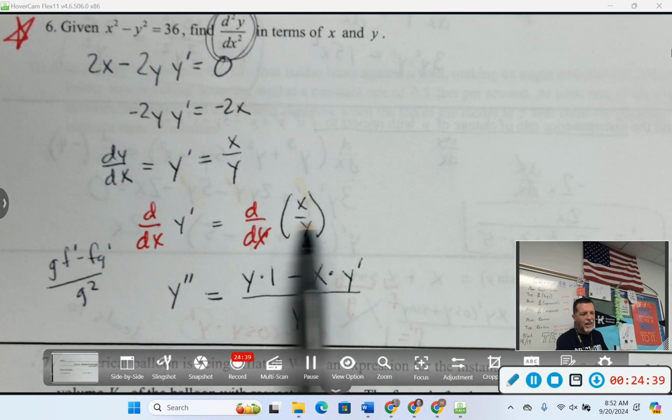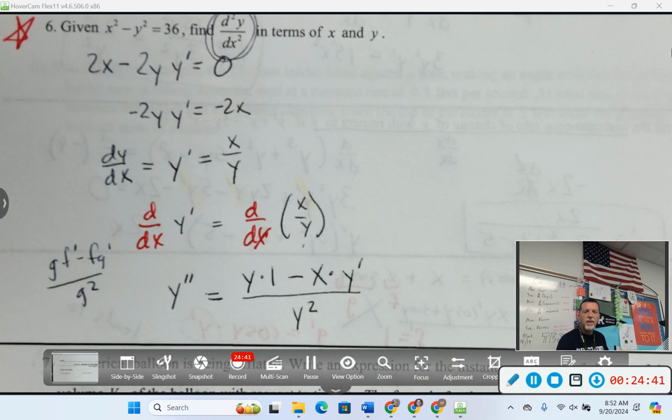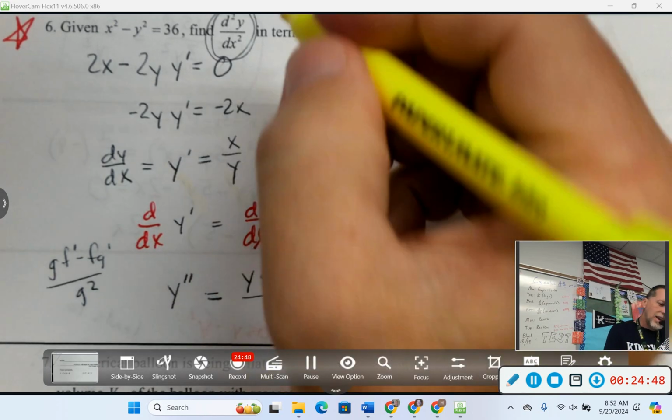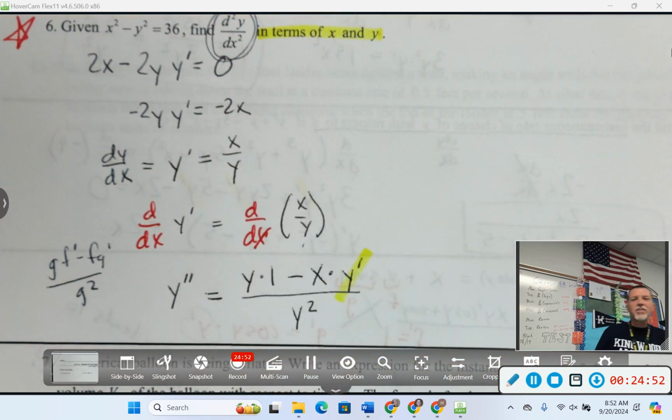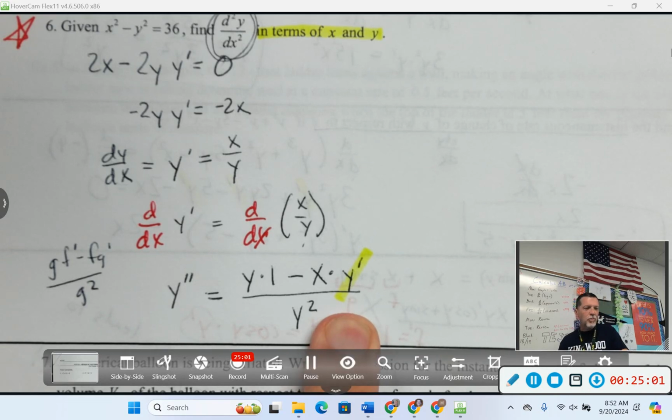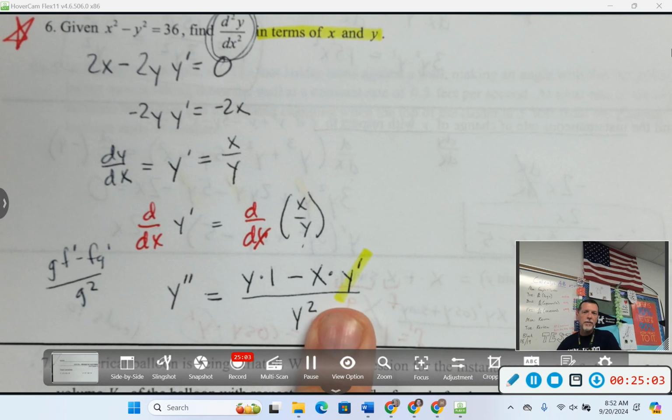But do you know why this answer is not what's being asked for? Yeah, in terms of x and y, and there's a y prime sitting in there. So we have solved for the second derivative, but we have not got it in terms of x and y because there's a y prime. Plug in what?